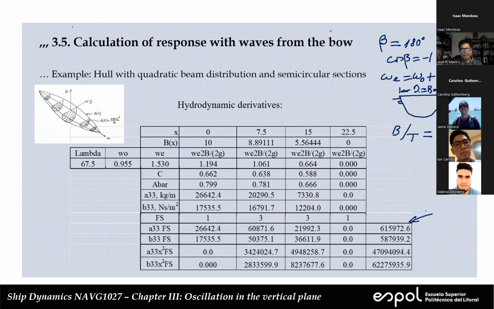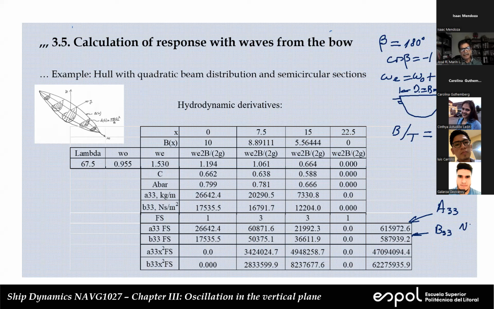That's this value here. So what is this value at the end? The added mass. Exactly. So this is A33. And this thing here is B33, the damping coefficient. So what are the units of B33? Vertical force per unit... time over length. Exactly.